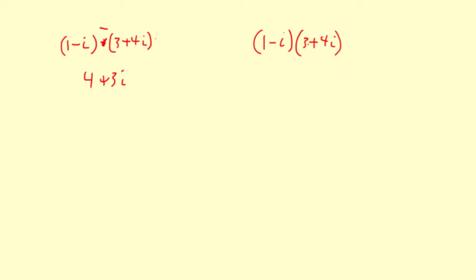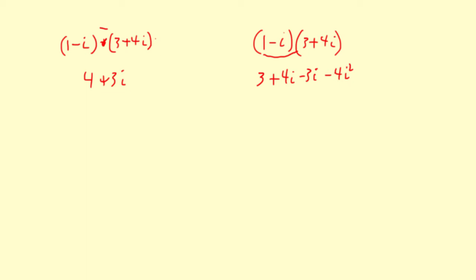Multiplying these, you just apply the FOIL method. So you do 1 times 3 first, which is 3, and then 1 times 4i, which is plus 4i, negative i times 3, which is negative 3i, negative i times plus 4i. Well, that one makes negative 4i squared, because i times i makes i squared.